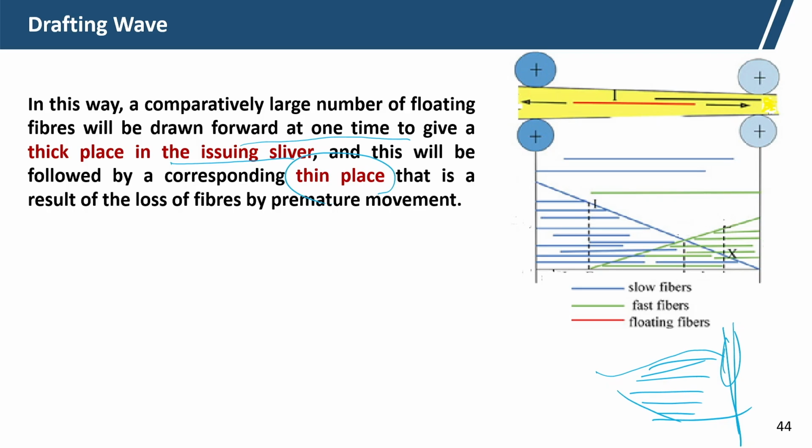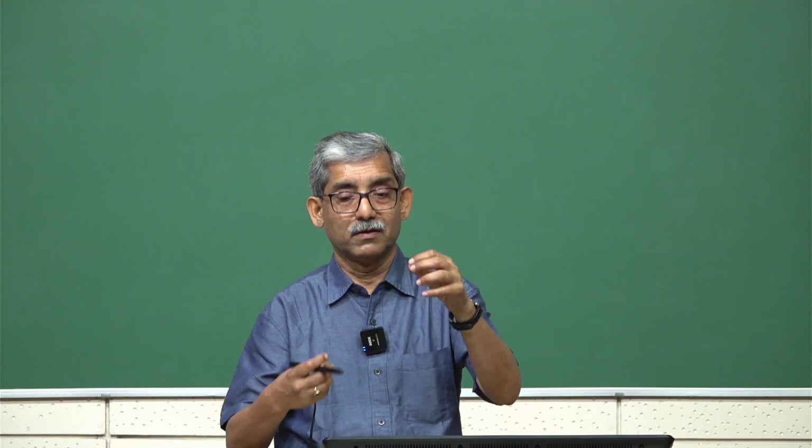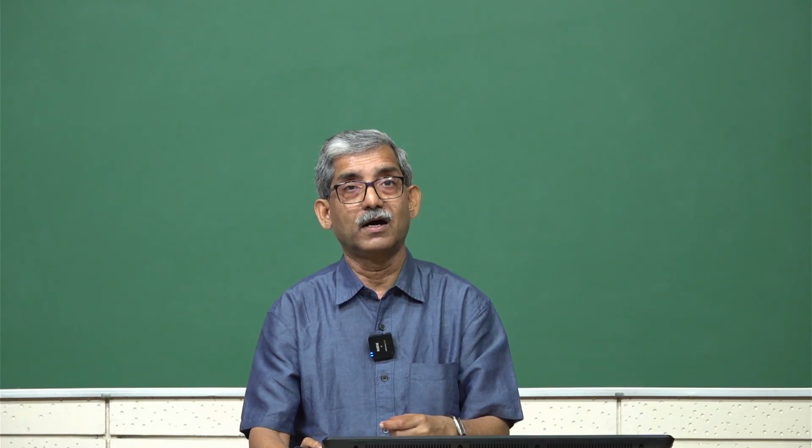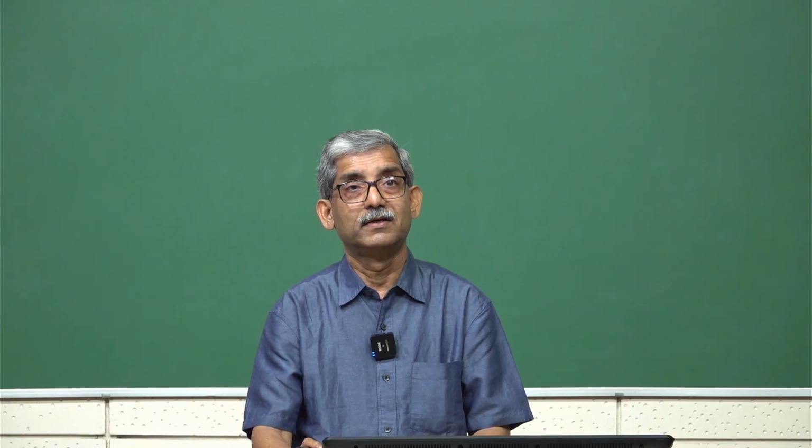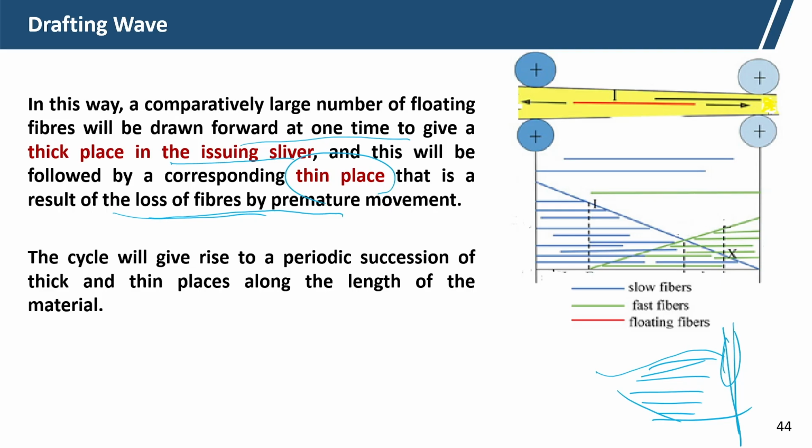This is a result of loss of fibers by premature movement, which takes place due to contact force or maybe entanglement. The cycle will give rise to a periodic succession of thick and thin places along the length of the material. So, that is the reason for the generation of the drafting wave.